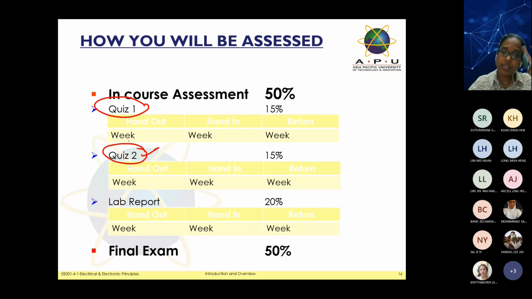So there is a difference between quiz 1 and quiz 2. I will let you know which topics will be covered in quiz 1 and which in quiz 2. All your quizzes will be conducted after I teach you. For the lab report, we do it parallelly.